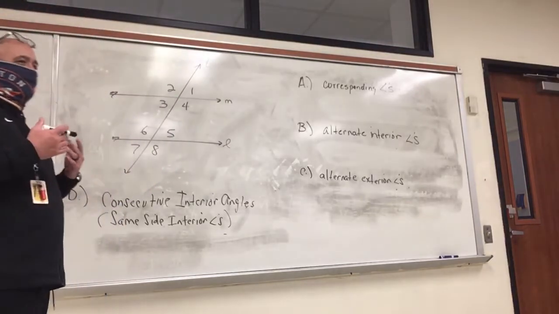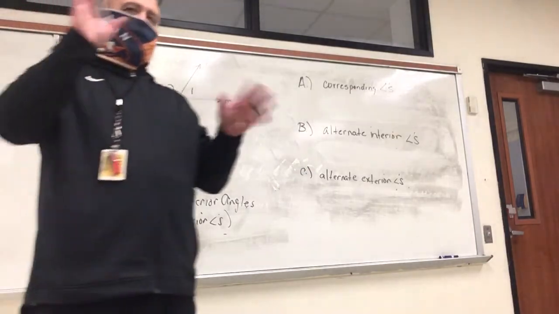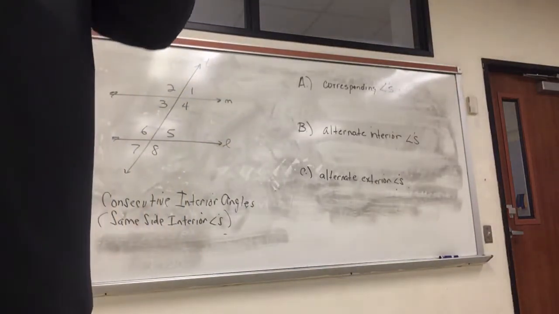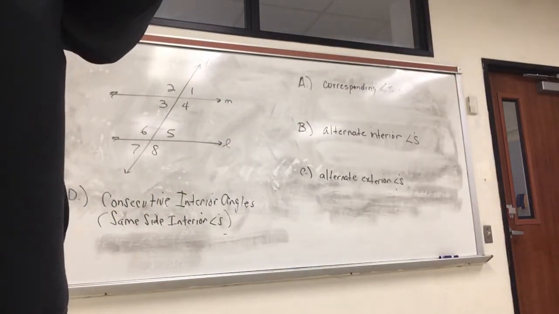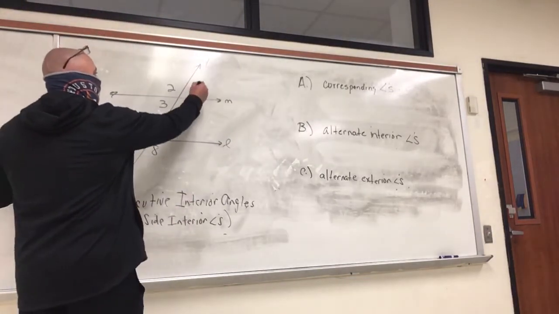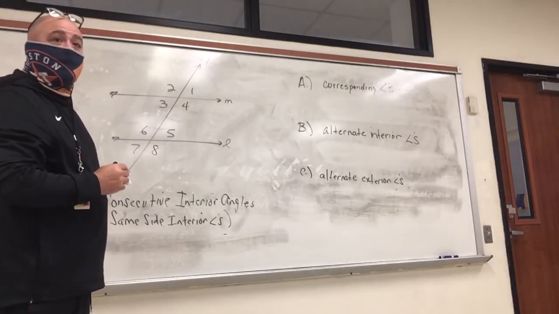So this is how I define corresponding. And I know it's got a correct definition online. Corresponding angles are angles that are in the same spot on different levels. What I mean by that is this. Angle 1 and angle 5 are in the same spot, aren't they?